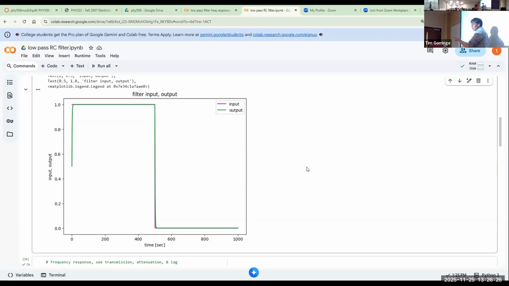So we apply a step function, and then we see that we don't reach 0. There's a little delay, and that's the time constant. Now that time constant was just 1 second.